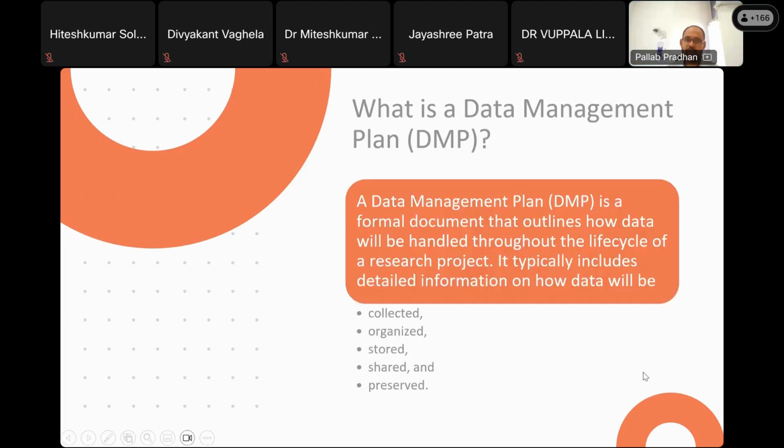Basically, a data management plan is a formal document, and a key element of good research. It is very necessary to have a good data management plan to carry out any kind of research.